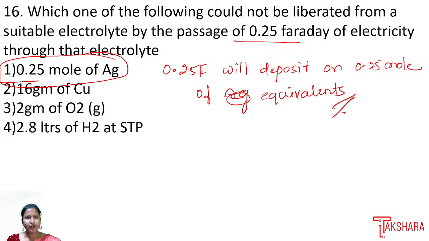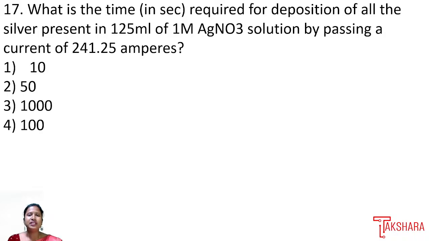Next question. What is the time in seconds required for deposition of all the silver present in 125 ml of 1 molar AgNO3 solution by passing a current of 241.25 amperes, they are saying. Okay, so here what is given for the moles of AgNO3?